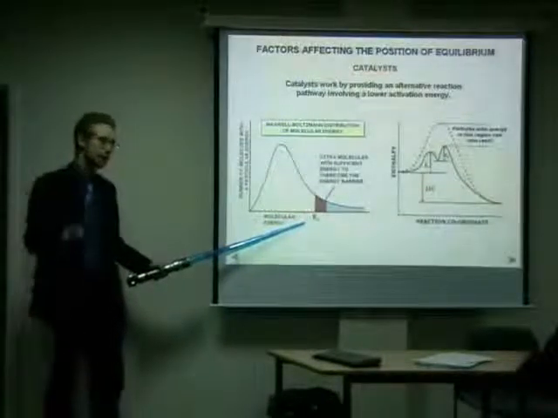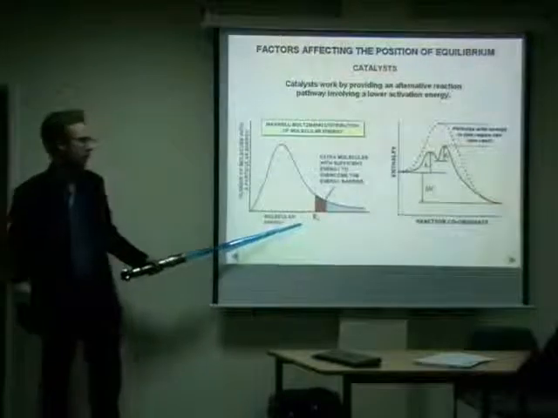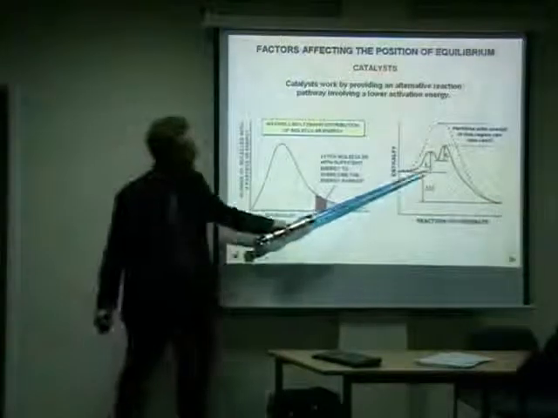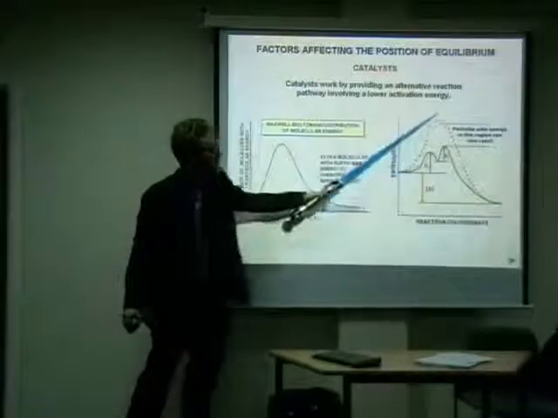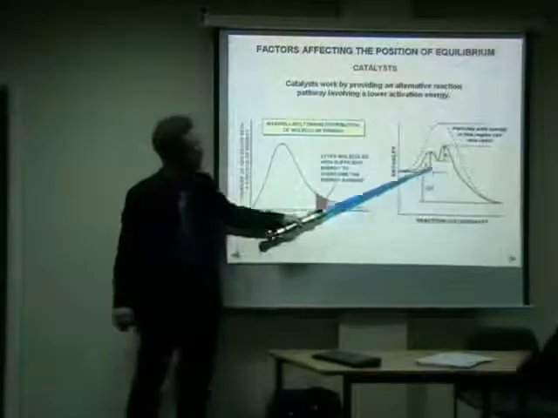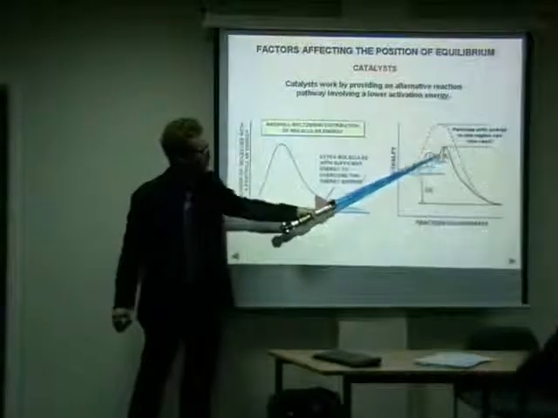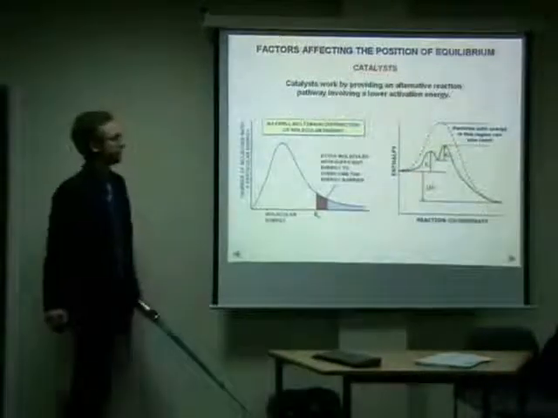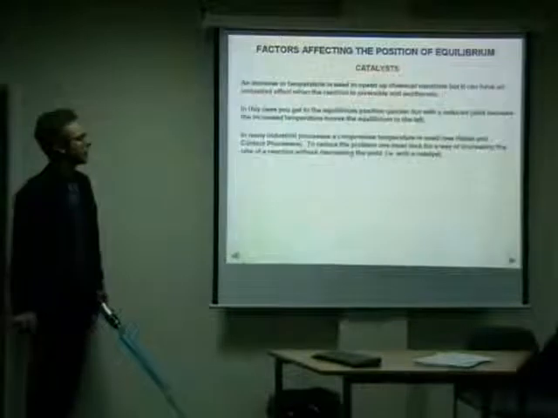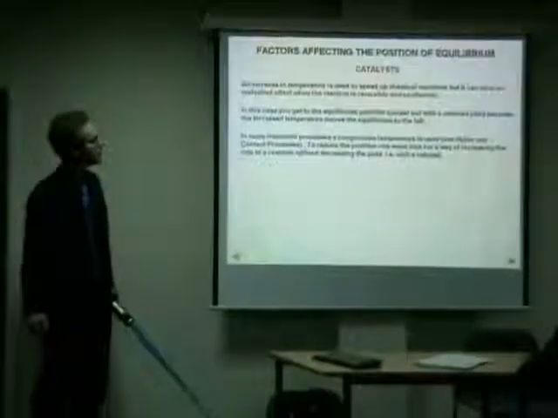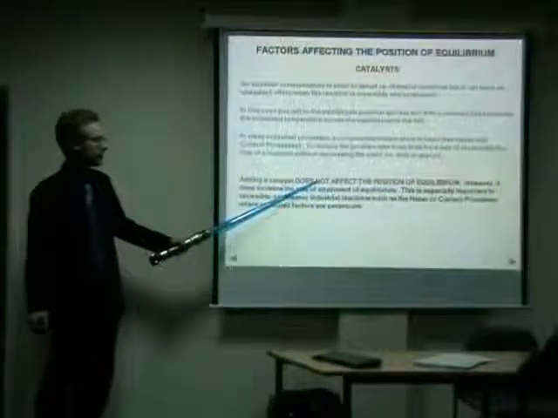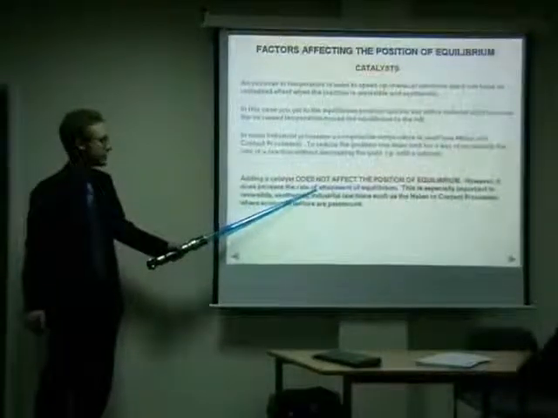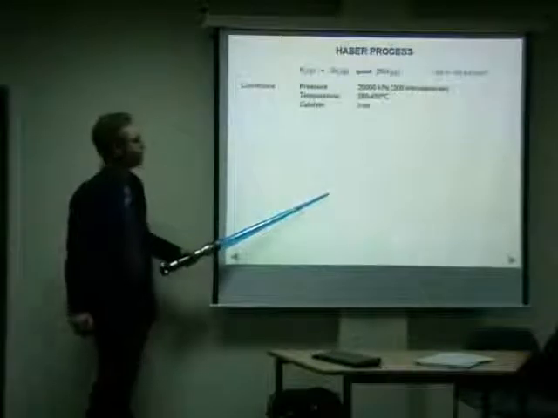It provides an alternate pathway with a lower activation energy. And you can see that here in terms of your enthalpy change. Rather than having a big old activation energy there, you've got a smaller one with an intermediate and then another one. So, it does not affect the position of the equilibrium, that's what I said a minute ago, but it does increase the rate of attainment of equilibrium.